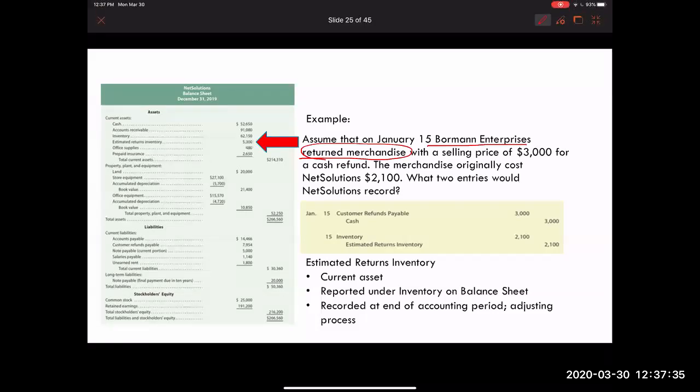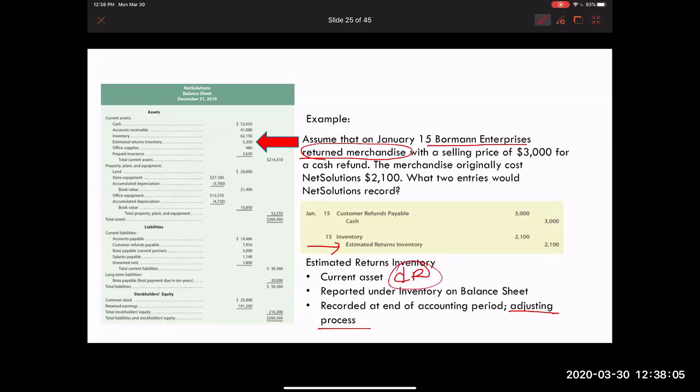Very similar to how we did it for the customer refund payable account, at the very end of the year we must also do an adjusting entry for estimated returns inventory. Now, if this is an asset account, normally asset accounts have a normal debit balance.